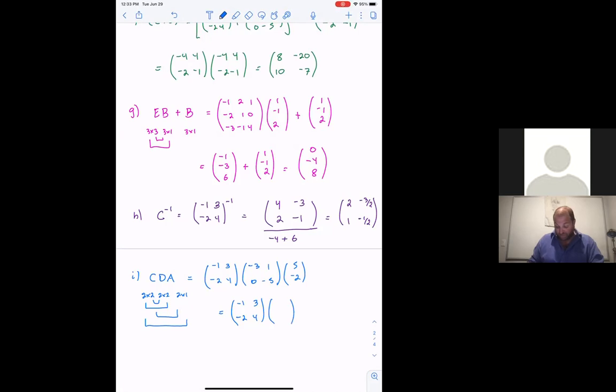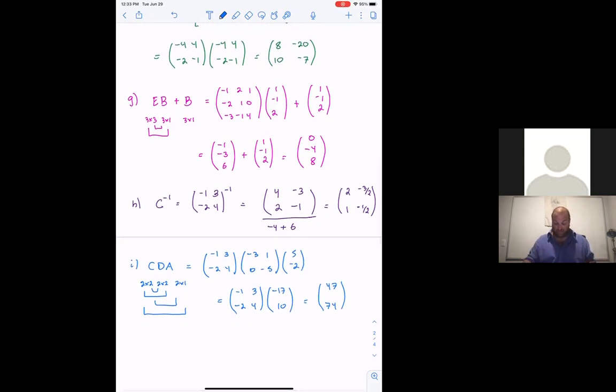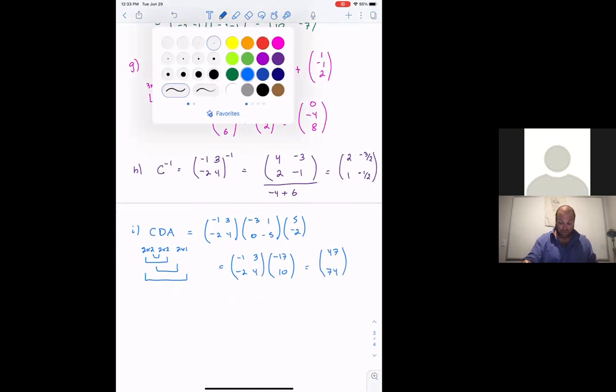Because it's a 2 by 2 times a 2 by 1, a little less computation. -3 times 5 is -15, -2 makes -17, and then we have 10. So I have 17 plus 30, that's 47, and then 34 plus 40 is 74. I think so. Kind of like that, 47, 74, a little symmetric.